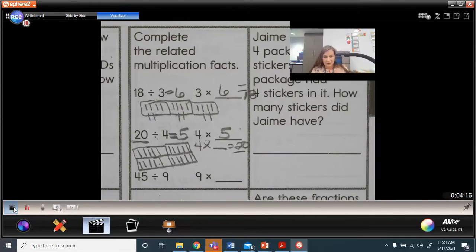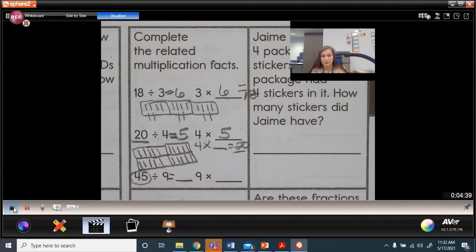All right, let's take a look at this last one. I have 45 objects. I'm going to take them and put them into 9 equal groups. And if I know that this is 45, 45 is a multiple of, yeah, you guessed it, 5s, right?